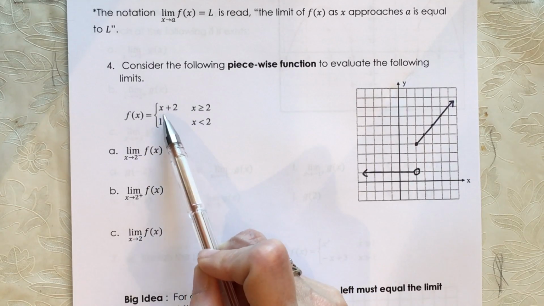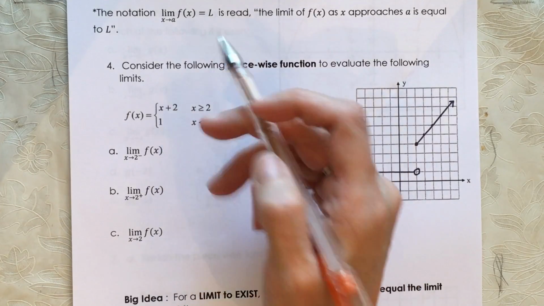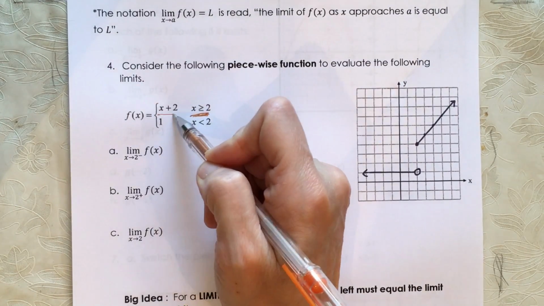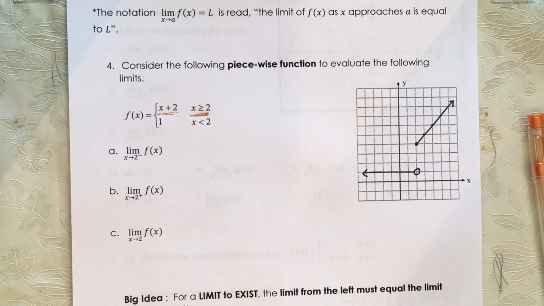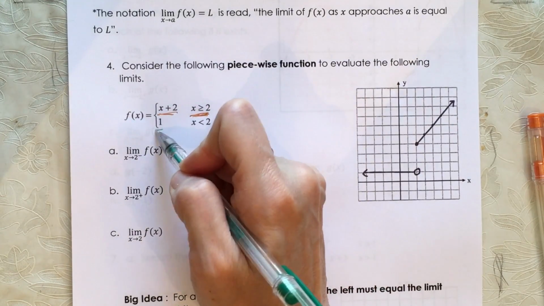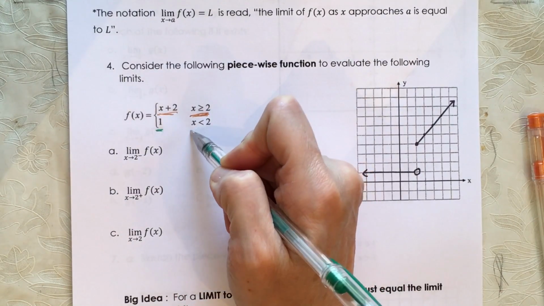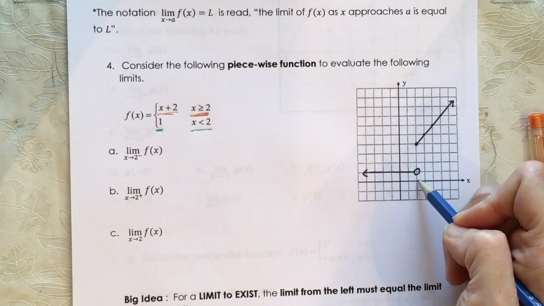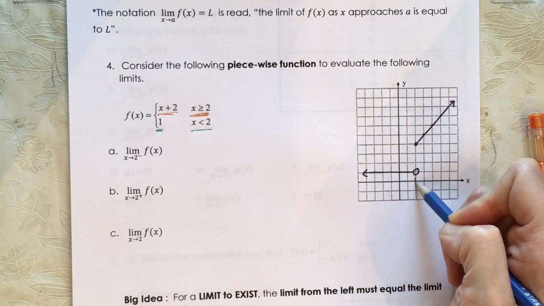So in our case we have f at x, our function is equal to x plus 2 when x is greater than or equal to 2. But it's equal to just plain old 1 every time when x is strictly less than 2. So it seems that 2 is an important number to consider in our graph here.